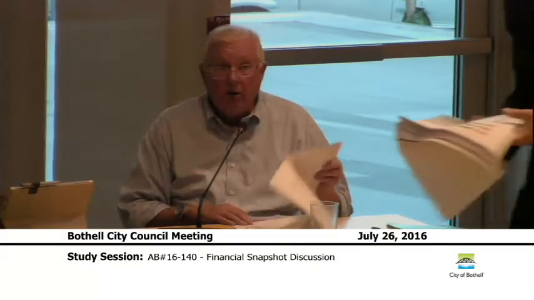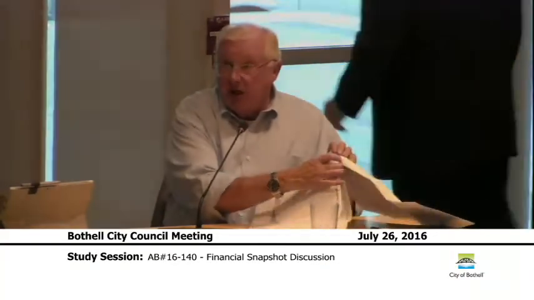There's about 3 or 4 pages of that to get through. Now remember, this is operating budget only. We're not talking about the CFP. This is general fund. We're not talking about the utilities or some of the enterprise accounts yet.